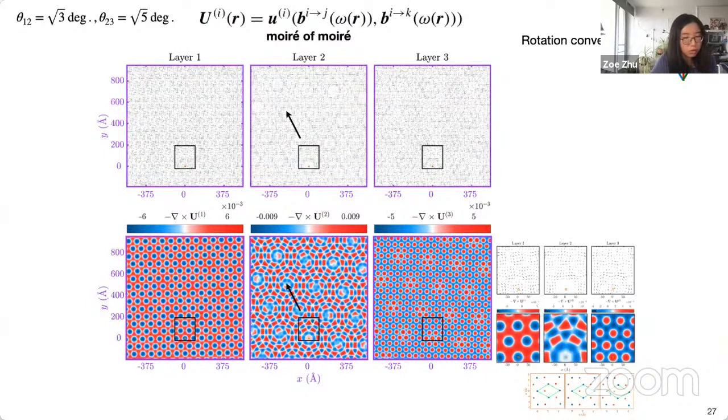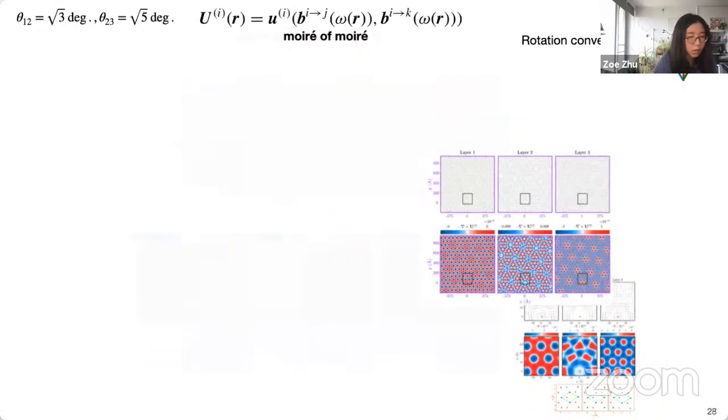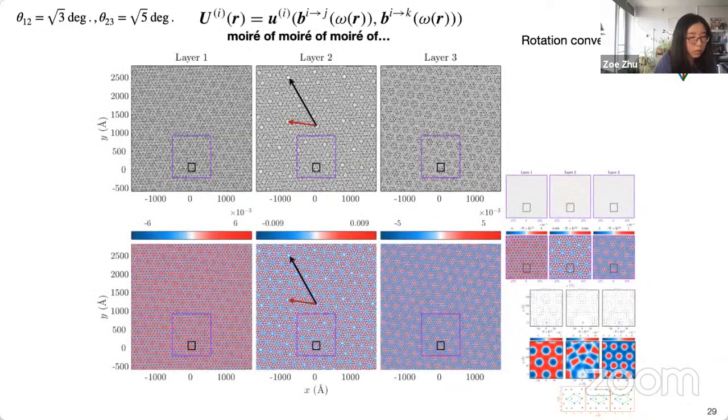But if you look closer at each one of the distinct global AA areas, each one of them is different. Just for fun, we can take another step back and zoom out even further. And what we will see is that there are even longer scales that emerge.